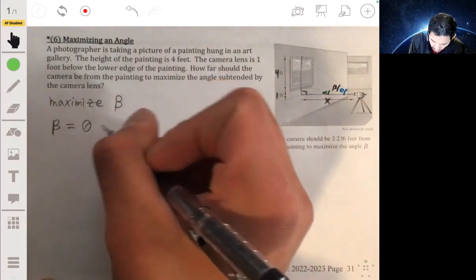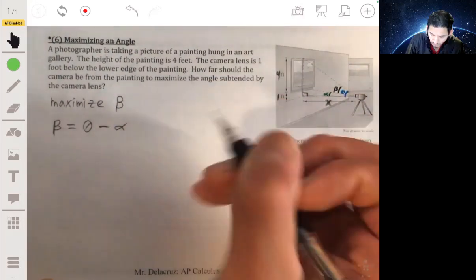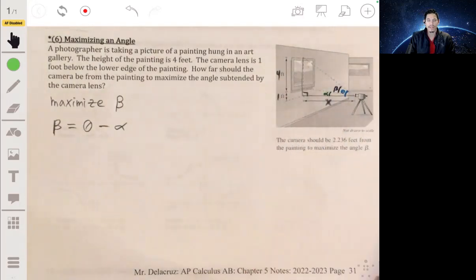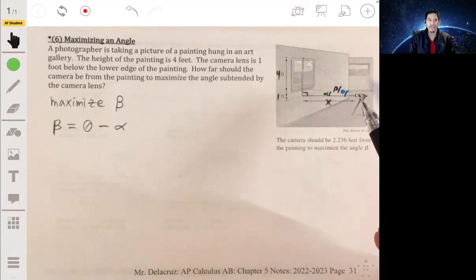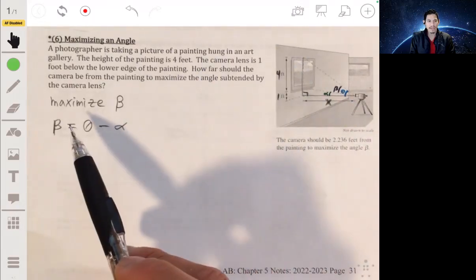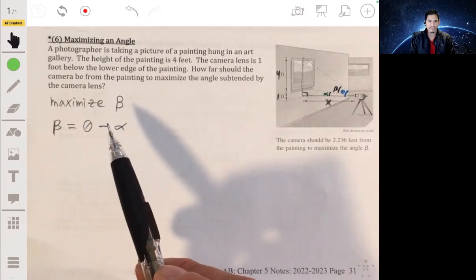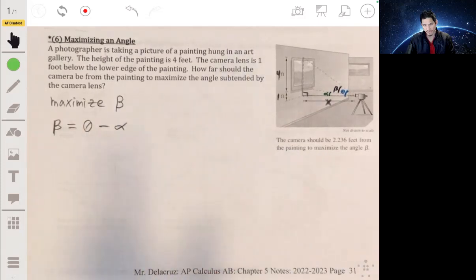It's equal to theta minus alpha. And then these angles are all functions of X. So we want to find a way to represent beta in terms of X. Then we differentiate that equation and find the maximum of that equation.